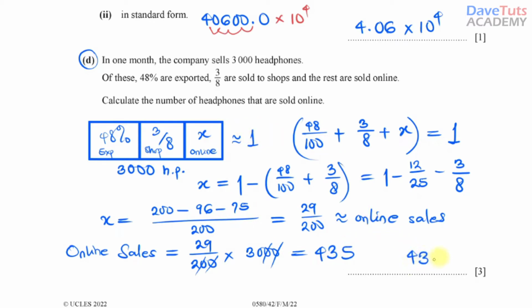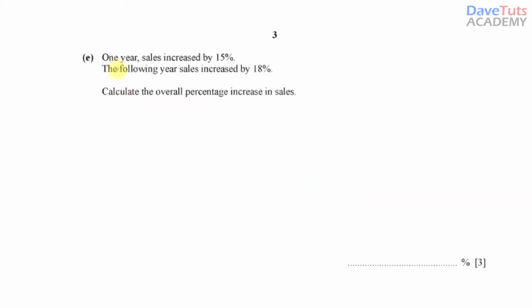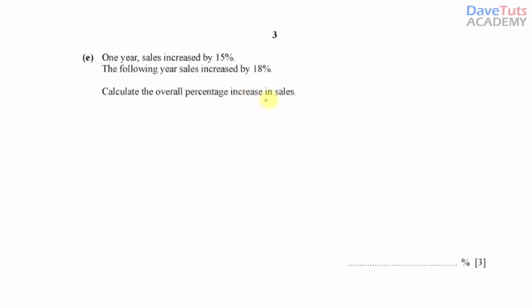And I would do well to just write that here, that 435 is what is going to be the number of headphones that are sold online. So here we are being told that 1 year the sales increased by 15%, the following year the sales increased by 18%. We have to calculate the overall percentage increase in sales.